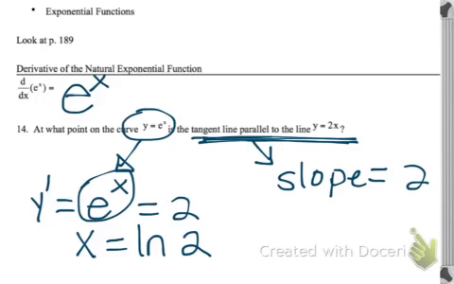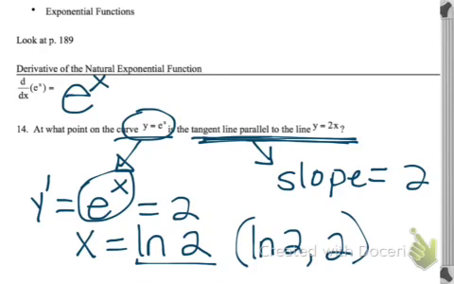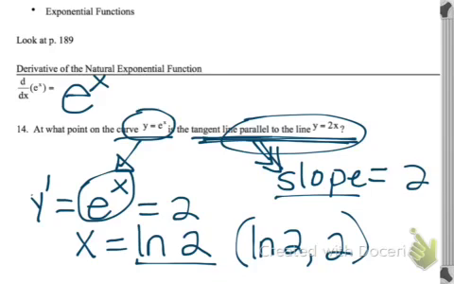Again, if I want the point on the curve, I'd have to plug that into the function to get the y value. So e to the natural log of 2 is just 2. So the point is natural log of 2, comma 2. Okay, so parallel to this line means it would have the same slope. Slope means derivative, so you set the derivative equal to that number.